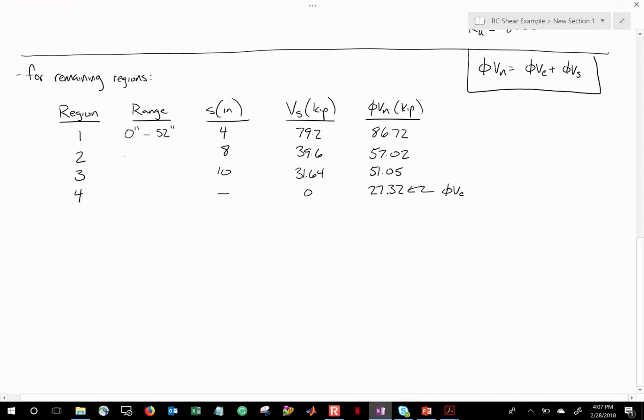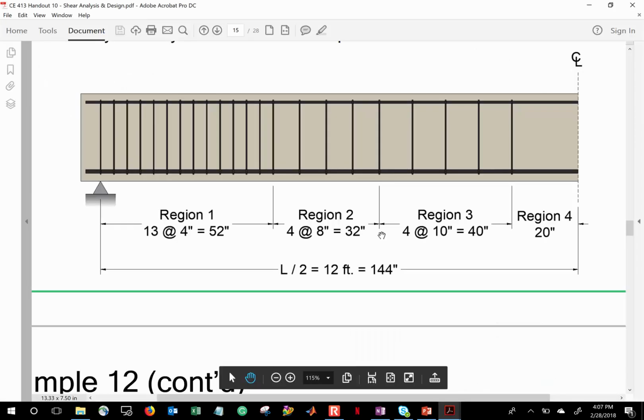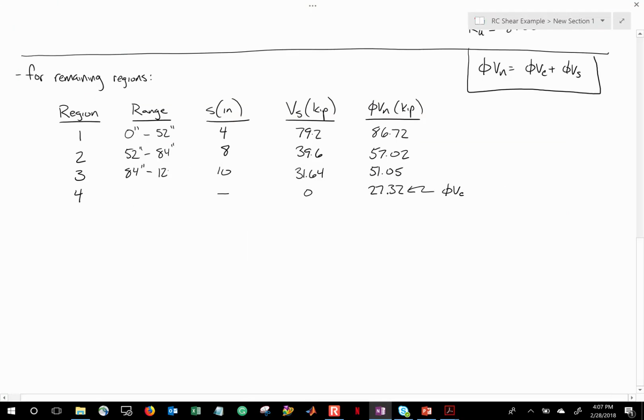So this is 52 inches to 84 inches. The next one would be 84 plus 40 inches, that makes 124. And 124 to this makes 144. So hopefully that is pretty easy to follow.